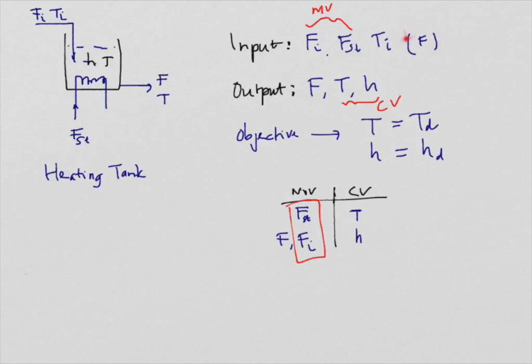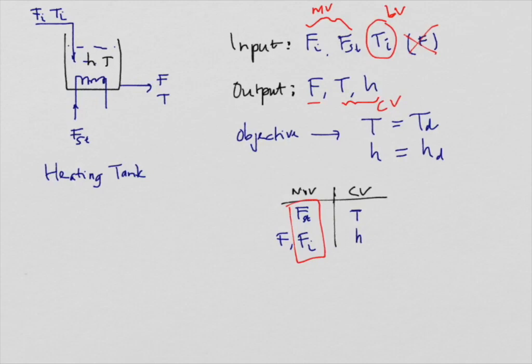Why not F? When we choose Fi as manipulated variable, F is not an input variable. This is an output variable. So the load variable must be the temperature of the input, Ti. That is the load variable.